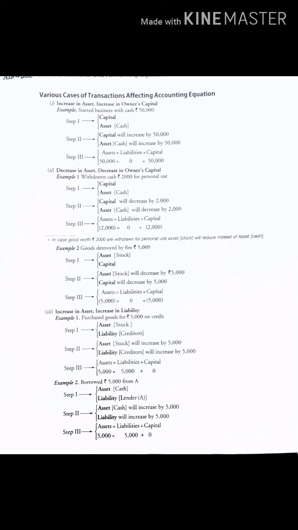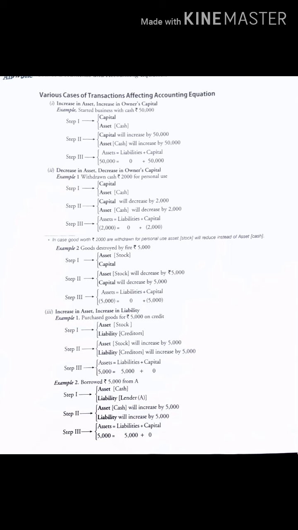So I will put this asset in bracket. Previously also, 2000, I will put the asset 2000 in bracket. Why? Because it is a minus, a reduction of asset. So any reduction we will put in bracket. Now liabilities, so far we have nothing. 5000 again, capital we will show in bracket as it is a reduction.